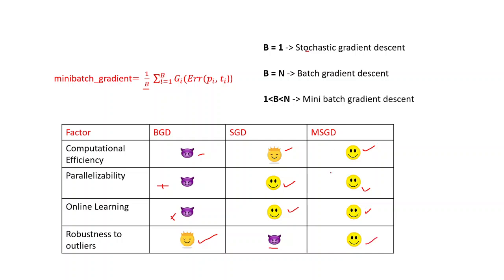So mini batch is actually okay for all the parameters which are very important in the case of an optimization algorithm. So in most of the cases, we actually use this mini batch stochastic gradient descent algorithm in order to optimize.